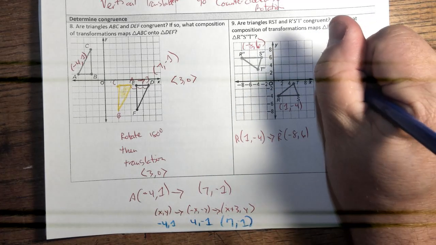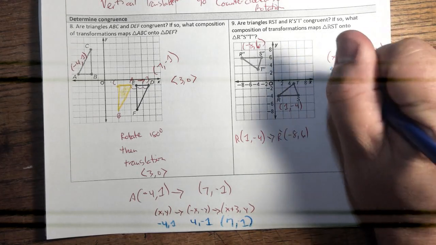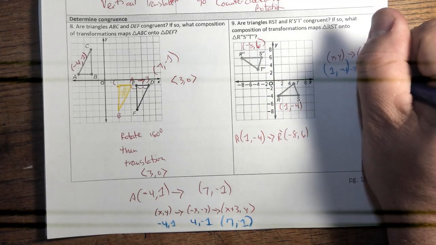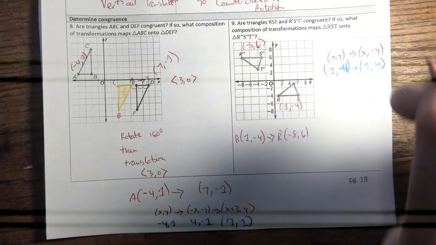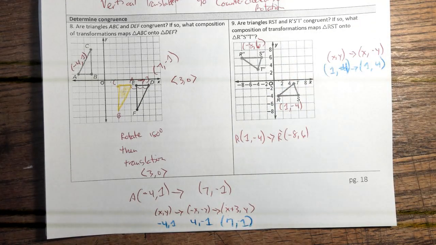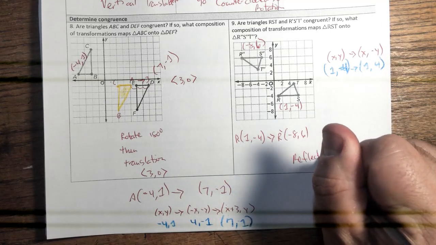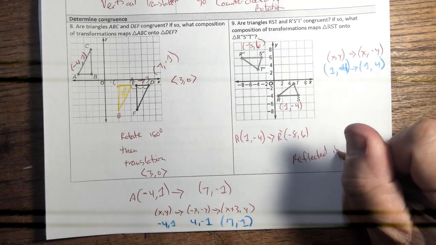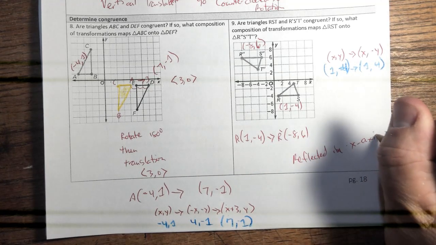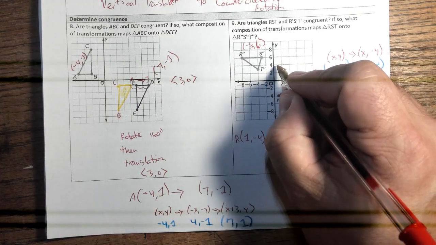So our 1, -4 is going to be 1, +4. And then we have reflected in the x-axis, so that would put us at 1, 4.